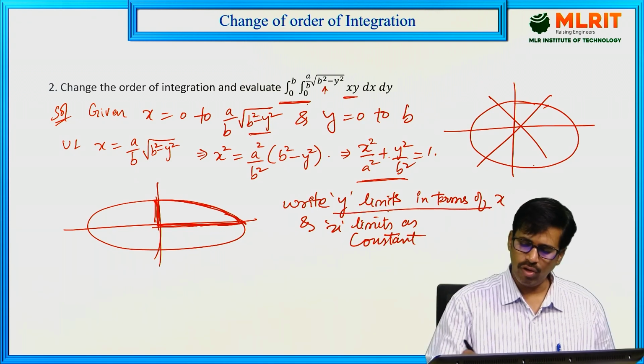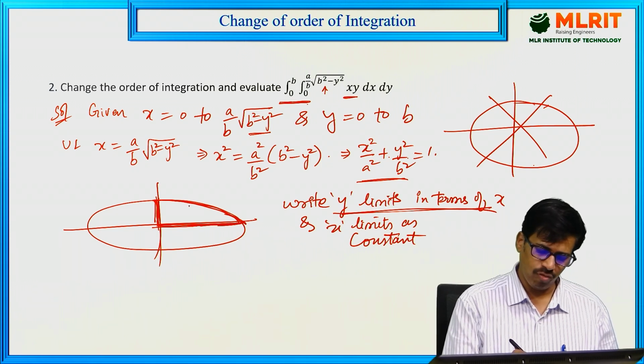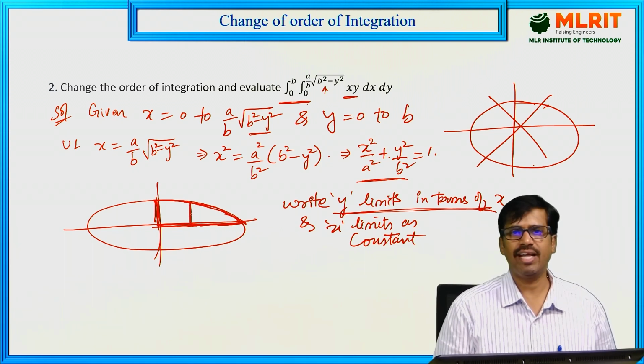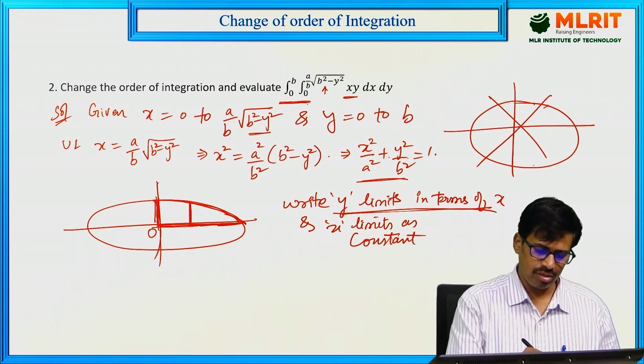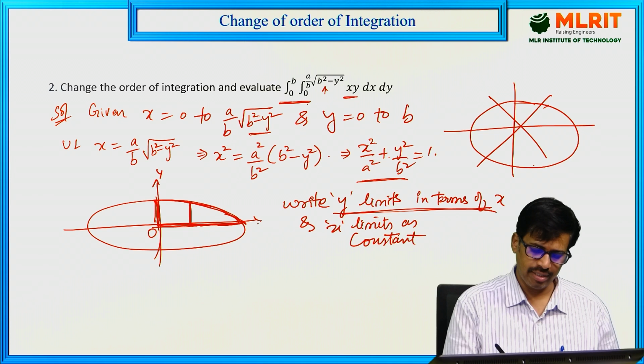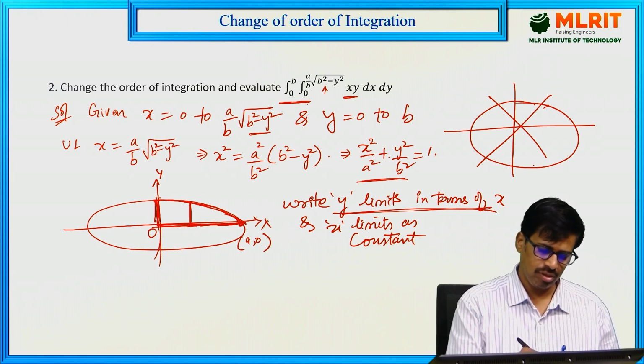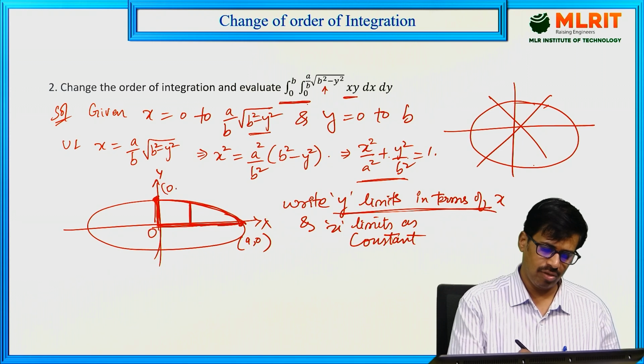So to write down the y limits in terms of x, what do we have to do? Draw a vertical strip or a vertical line in the region of integration. This is the origin, this is the y axis, this is the x axis, this point is a comma 0, and this point is 0 comma b.